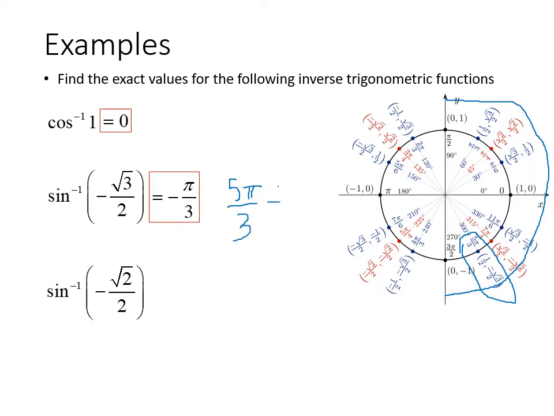So we could find it mathematically by doing 5 pi over 3 minus 2 pi. That would give us our negative pi over 3. Or we can just look and see that this angle down here is equivalent to the angle up here. So I get pi over 3 if I go upwards, which means I would get negative pi over 3 if I went down.